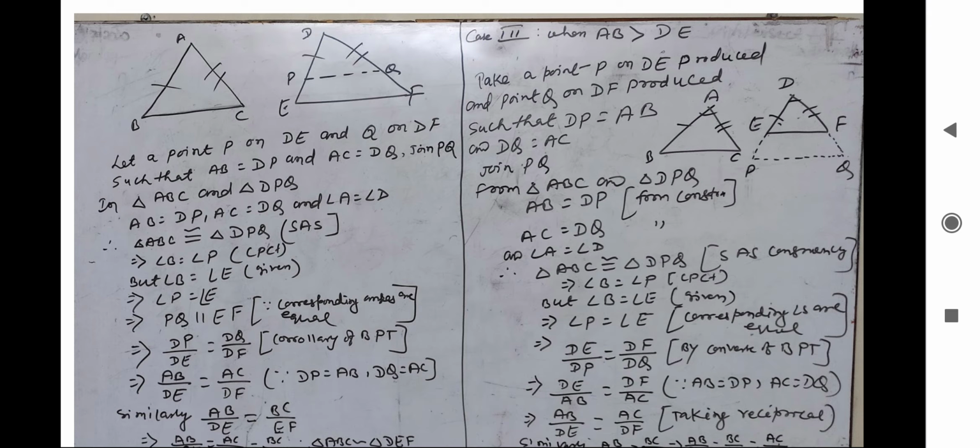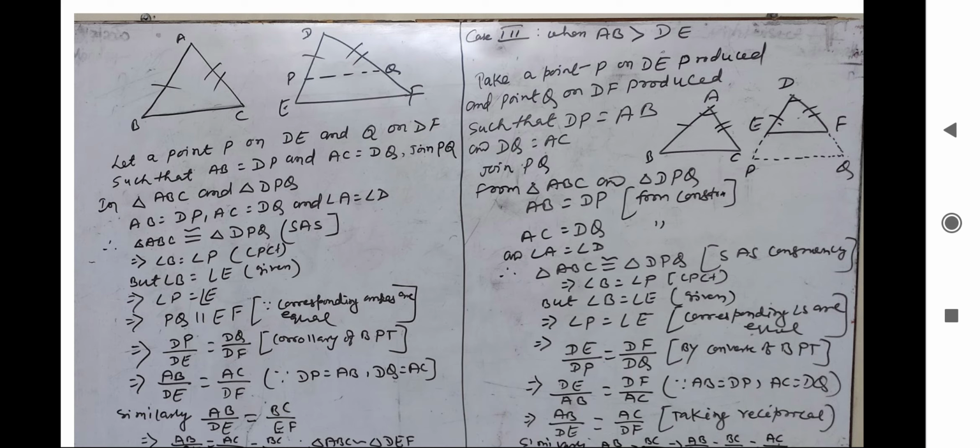Join PQ. In triangle ABC and triangle DPQ, AB equal to DP from construction, AC equal to DQ from construction, and angle A equal to angle D. Hence we can say that triangle ABC congruent to triangle DPQ by SAS congruency.